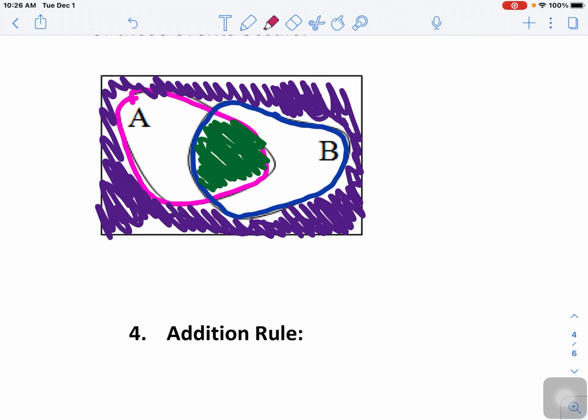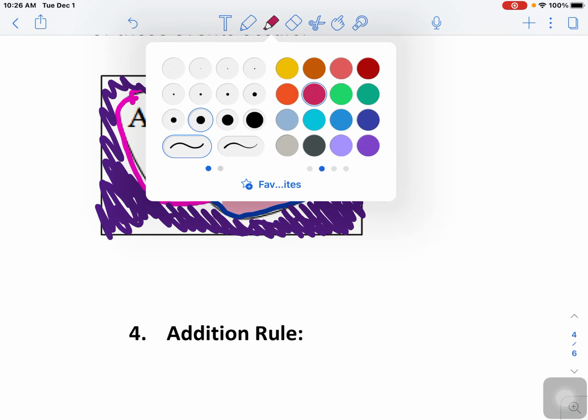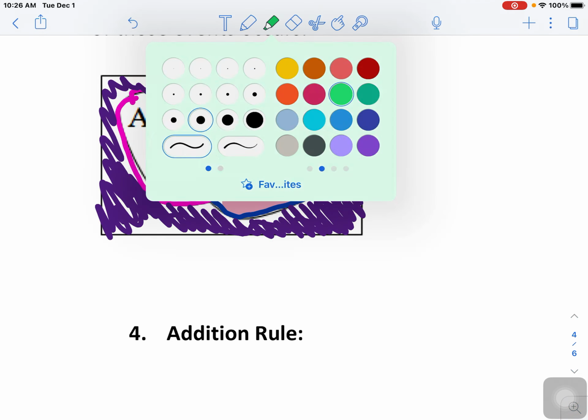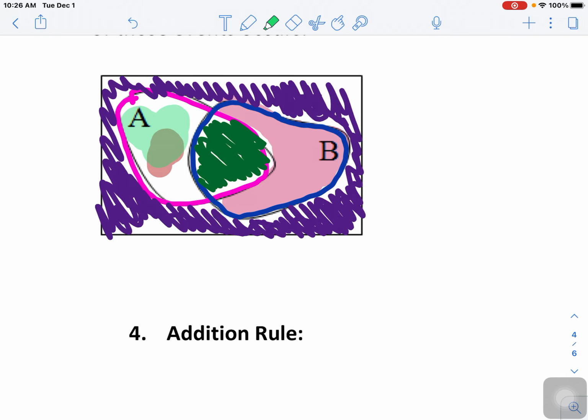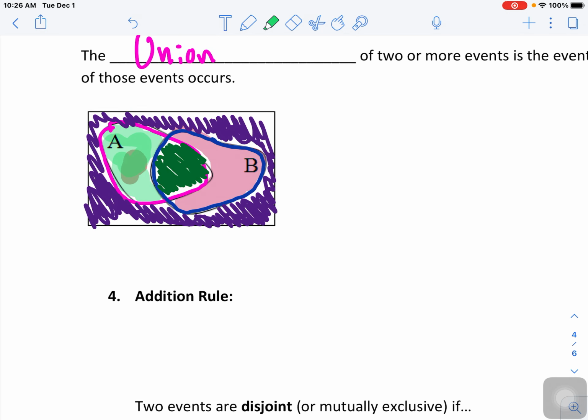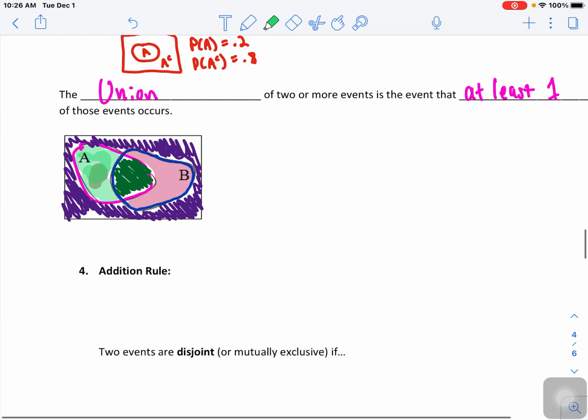The green means A and B happened. This little pink region means just B happened. And that looks pretty much the same. This lighter green means just A happened. Okay, so the first part is understanding the little Venn diagram here.